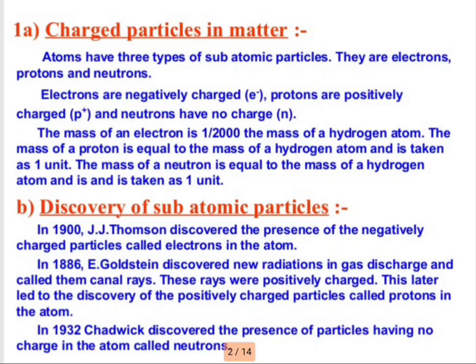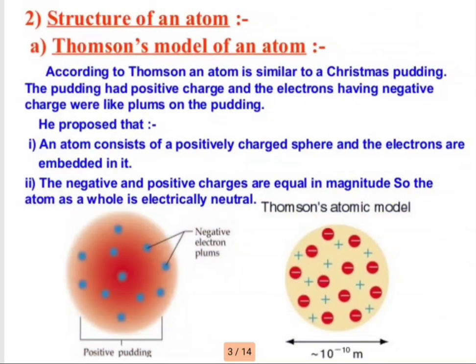These rays were positively charged. This later led to the discovery of the positively charged particle called the proton in the atom. And lastly, in 1932, Chadwick discovered the particle having no charge in the atom, called the neutron. So, all this is very important for MCQs and questions. So, quickly remember. Let's start the structure of the atom.